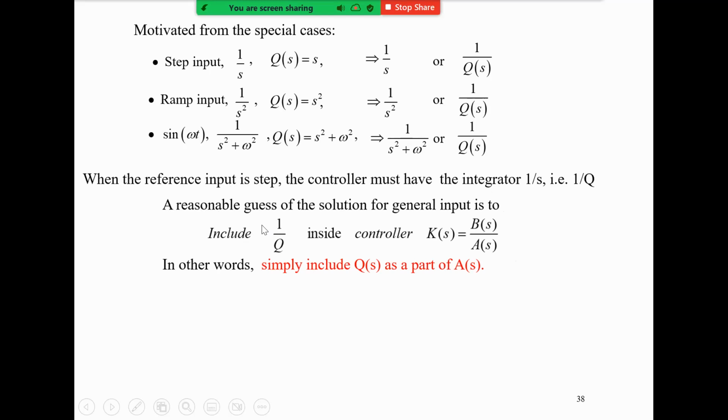We have to include 1 over Q as a part of your controller. In other words, Q has to be a part of A, the denominator.